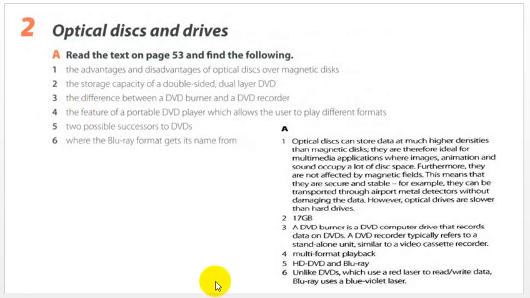What is an optical disc? Optical discs can store data at much higher densities than magnetic discs. They are therefore ideal for multimedia applications where images, animation, and sound occupy a lot of disk space.